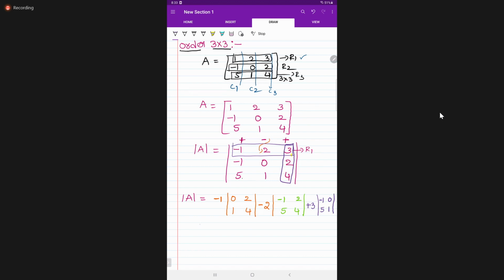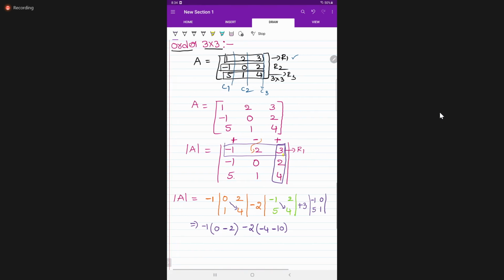Now expand this one. 1 into, already we know the 2 by 2 determinant: 0 into 4 is 0, minus 1 into 2, minus 2. So 0 minus 2 is minus 2. Then minus 2 into the second determinant, 4 minus 10, which is minus 6, giving plus 12. Then plus 3 into, 1 minus 0, which is 1.